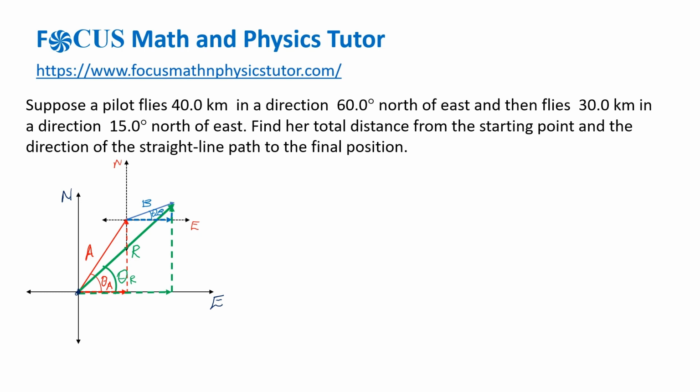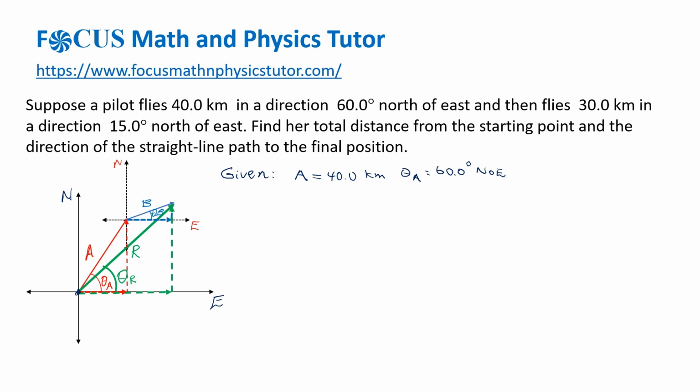So let's see what's given and what's required. So we are given vector A, and that's equal to 40.0 kilometers, and a direction of theta sub A, which is given to be 60 degrees north of east. What else?